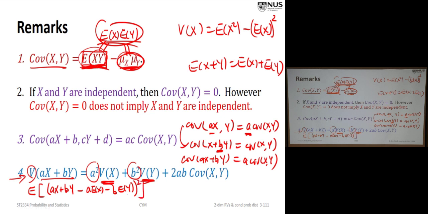That is the definition of the variance. So I group this as a times x minus expectation of x plus b times y minus expectation of y. Okay, maybe you lost already. I just give you one idea why we have this one.